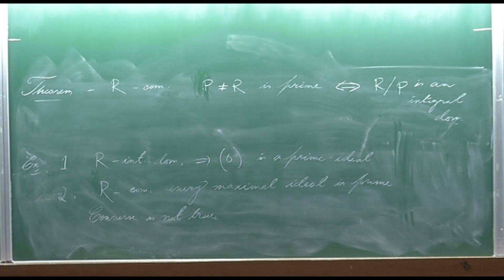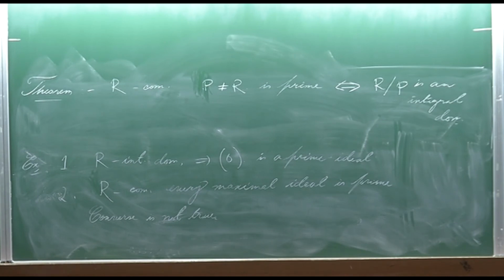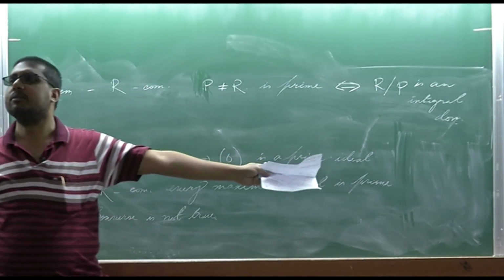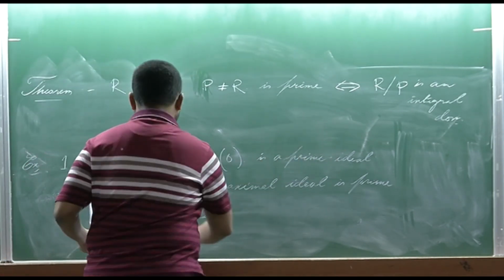Example. So, a very easy example is if R is an integral domain which is not a field. For example, if you take the polynomial ring, it is an integral domain, but it is not a field, then this trivial ideal is going to be a prime ideal which is not maximal, right. We will also give another example.